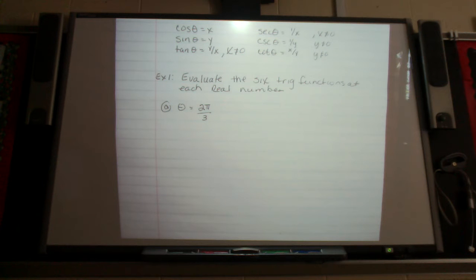First one we're going to start with is theta equals 2 pi over 3.